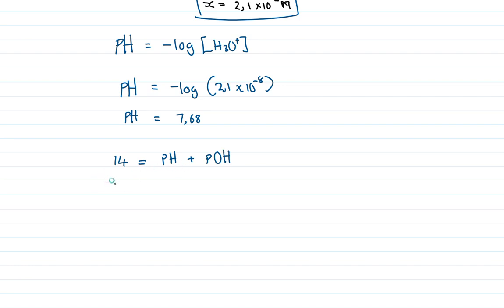So we already have the pH, so we can substitute that. So we have 7.68 plus the pOH. So we can take that to the other side and say 14 minus 7.68, and then we get the pOH of the buffer solution to be 6.32. But that is the final answer that we were looking for.